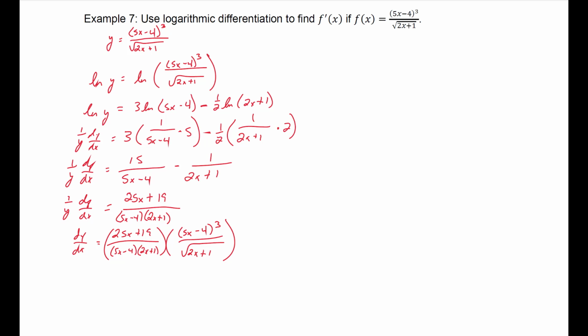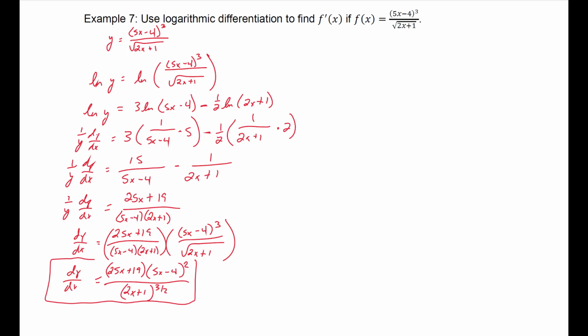And so then cleaning this up a little bit, we end up with dy/dx equal to (25x plus 19) times (5x minus 4) to the second power over (2x plus 1) to the 3/2 power. And you're done.